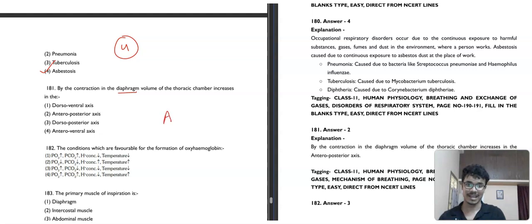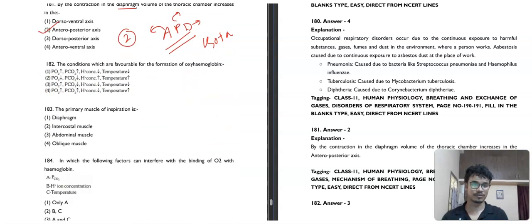So I have that APD, Amar Punjabi Dhaba. When I was in Kota, this dhaba was very, very famous. So APD: when contraction of diaphragm, volume of the thoracic cavity increases in the anterior-posterior axis, and D for diaphragm. So the second option is our correct answer. Those who don't live in Kota may not relate, but if they remember this, this question will never be wrong.